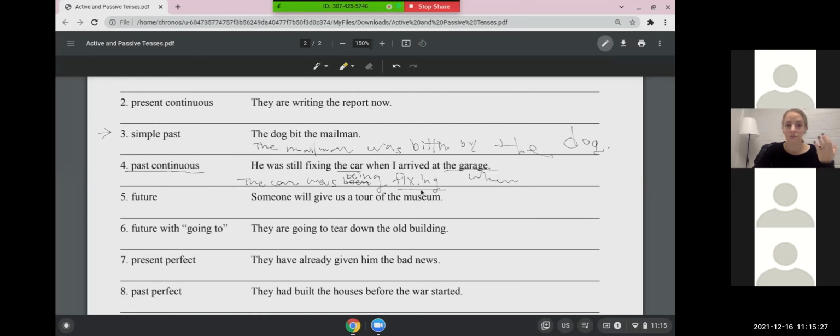Was being is the be verb in the past continuous. So to make the passive, we want the be verb in the right tense and then the past participle of the main verb. Fixed. Yes. Okay. Was being fixed is the past continuous passive. The car was being fixed when I arrived. Okay, thank you.